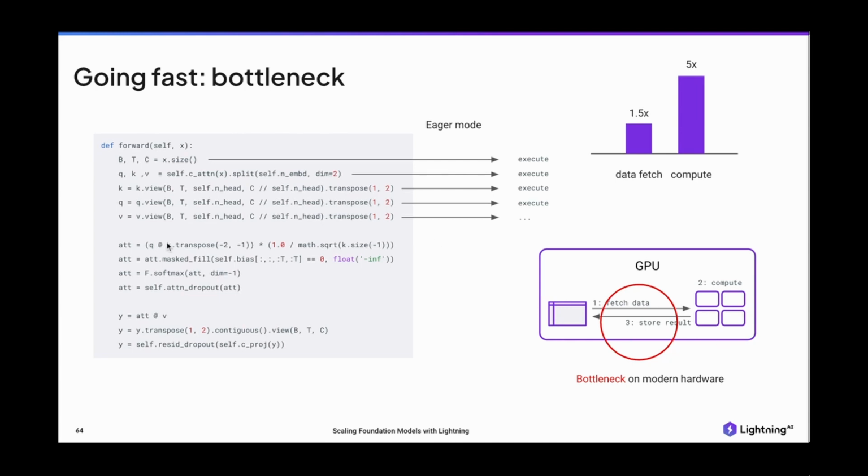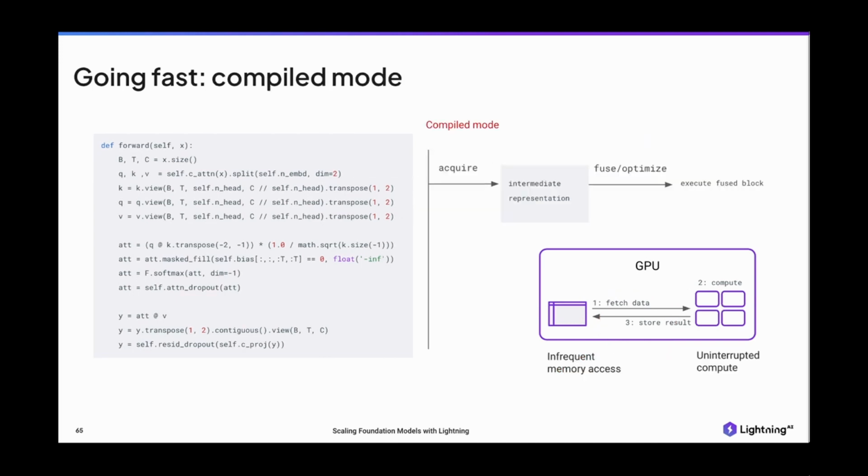So in the end, it would be much better if I knew that after matrix multiply I have a mask fill and a softmax, so that I can execute them all at once without moving data, and then move the result back to memory. This is why Torch compile and other compilation technologies that are landing today are important, because instead of executing one command at a time, you acquire the program.